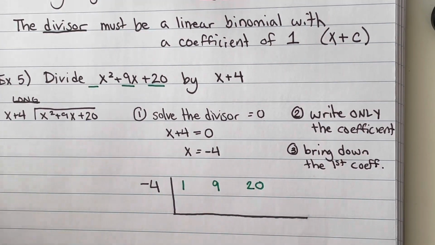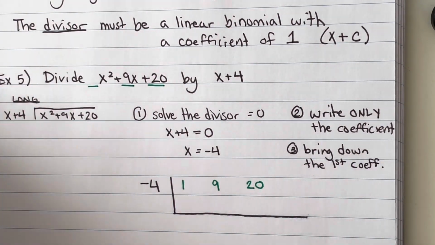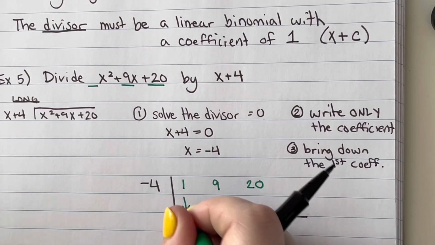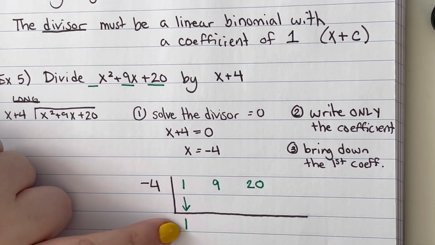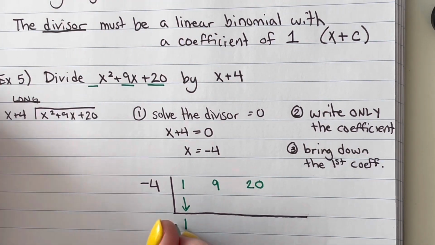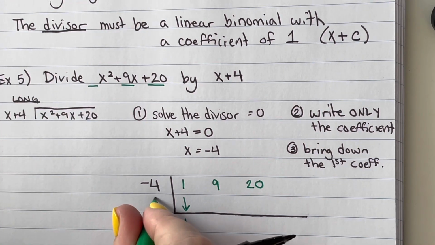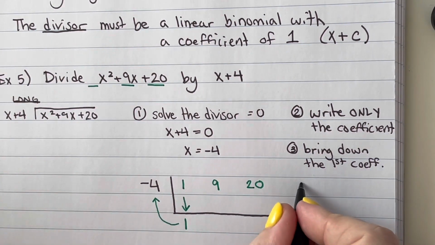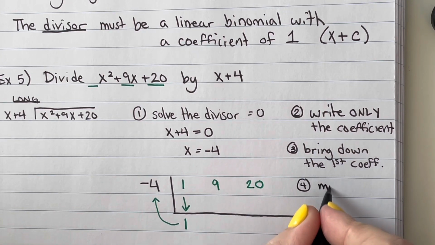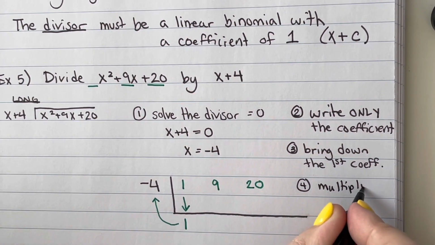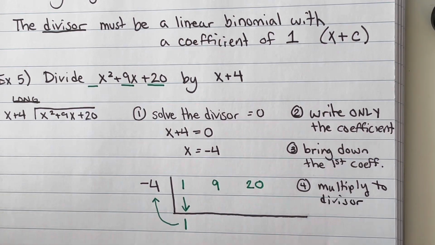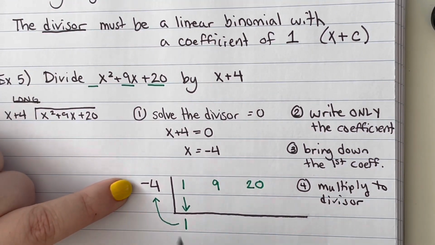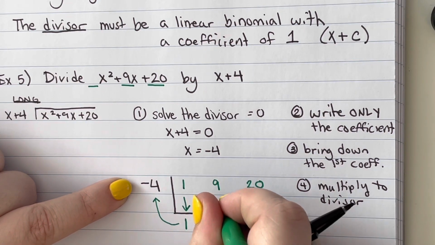So that means we just bring down the 1, unchanged. This step is very similar to before. We are going to multiply the coefficient by the updated divisor. 1 times negative 4 is negative 4.